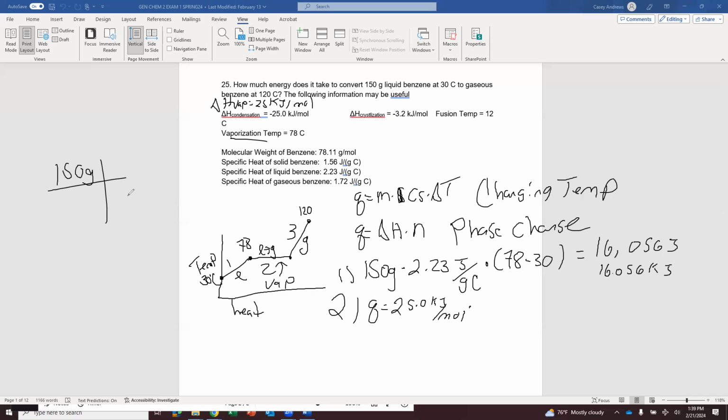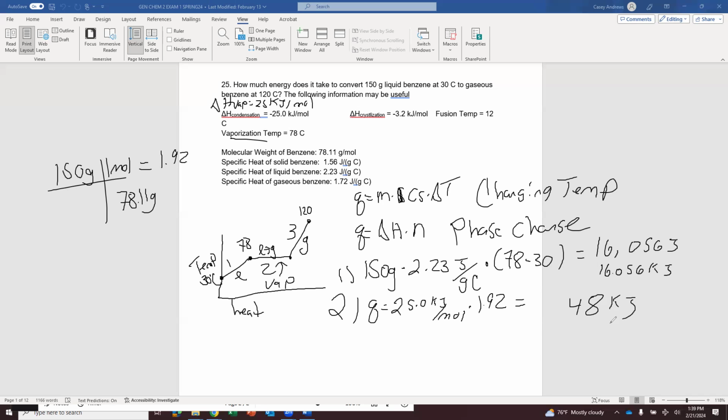The molecular weight says for every 78.11 grams, that's 1 mole. So I'm taking 150 divided by 78.11. That's 1.92 moles. So 25 times 1.92 equals 48 kilojoules.